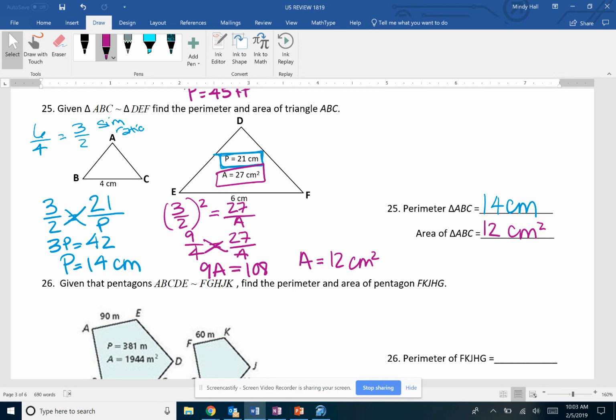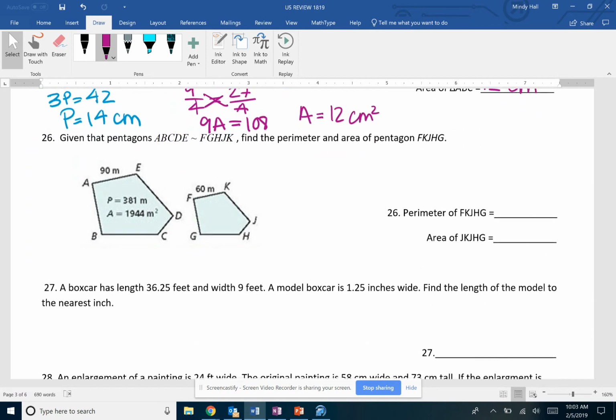Okay. With 26, we got some pentagons. Doesn't matter though, we can still do the exact same thing. So our similarity ratio will be 90 over 60, which simplifies a lot and also becomes 3 over 2. So we have 3 over 2 equals 381 over p.